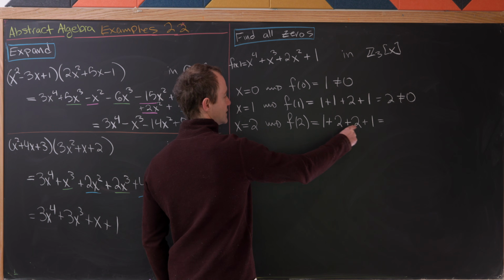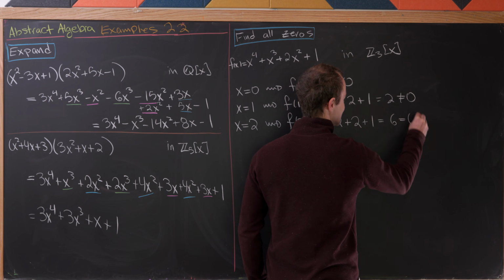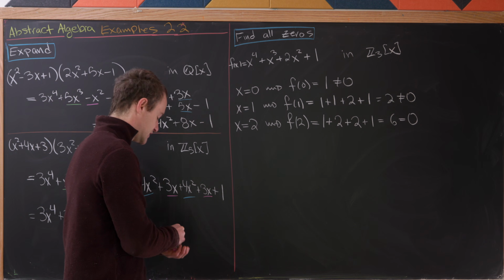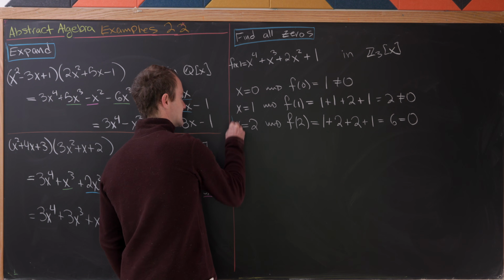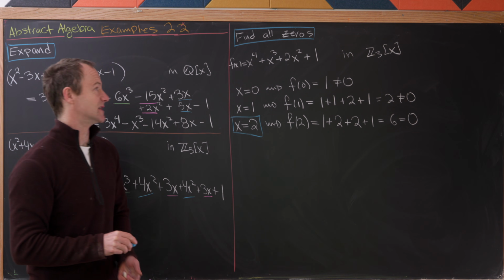But let's see, 1 plus 2 plus 2 plus 1 is 6, but that is equal to 0. So that means that x equals 2 is a 0.